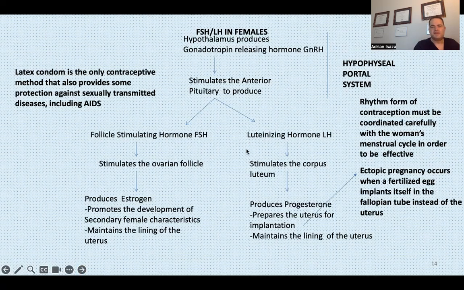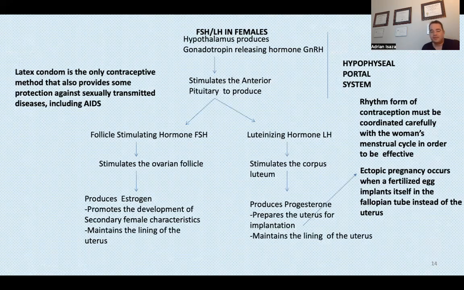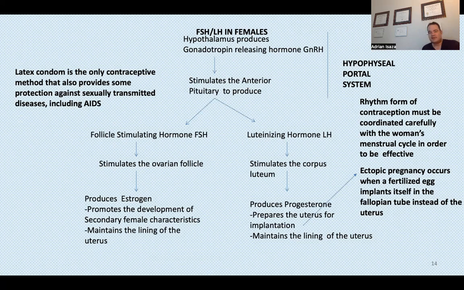A few things here. This is going over this flow chart I made. It's going over the hormone negative feedback, right? Producing estrogen, progesterone in women, FSH, right, and LH. Latex condom is the only contraceptive method that also provides some protection against sexually transmitted diseases, including AIDS, right? Know that.